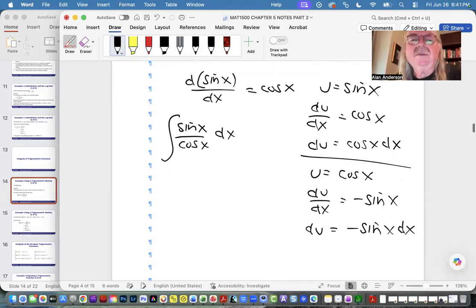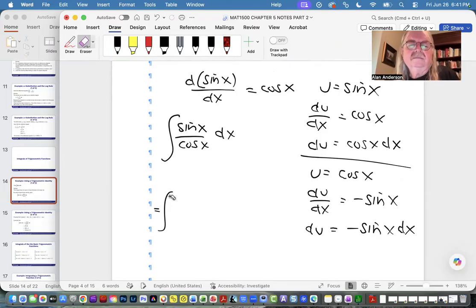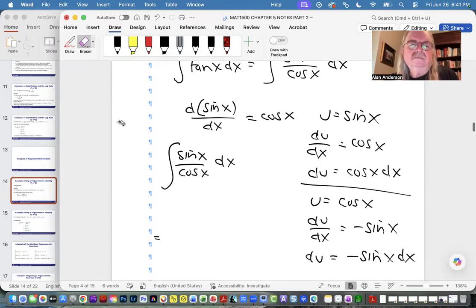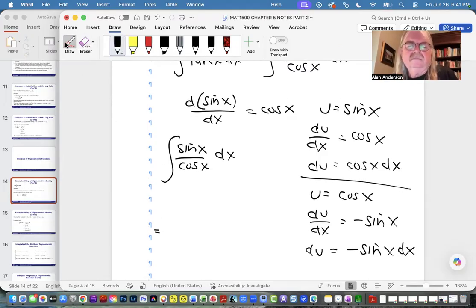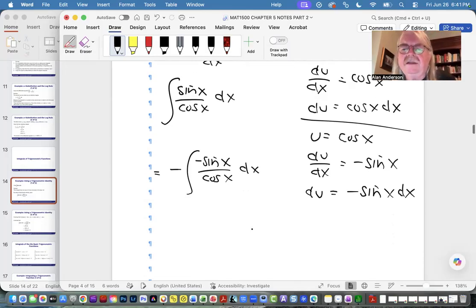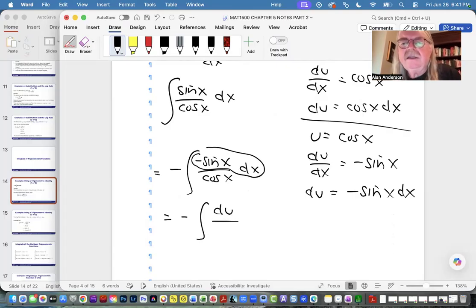But of course, then we need to supply a negative. Let's try that. So what we'll have here is the new, right here we have our du, and here we have u.